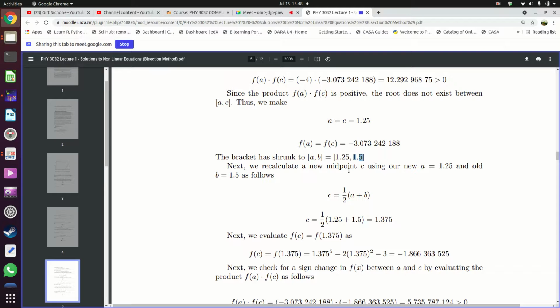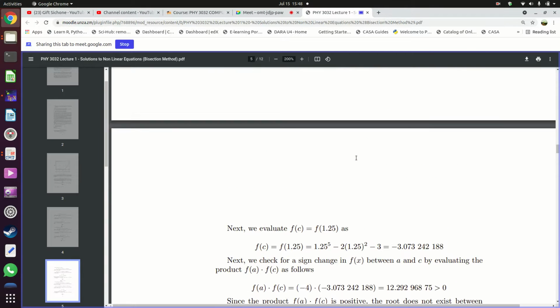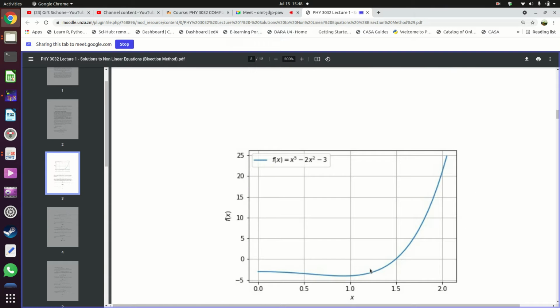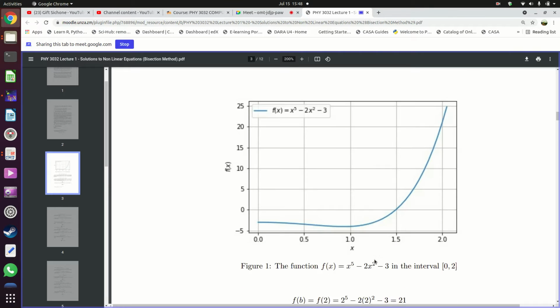So now we have a bracket at 1.25 and 1.5. When you go to your graph, your bracket is now between 1.25 and 1.5. So it's becoming smaller and smaller compared to where we started from.